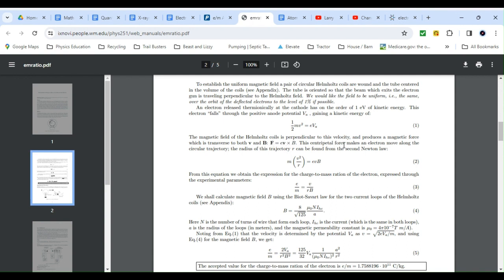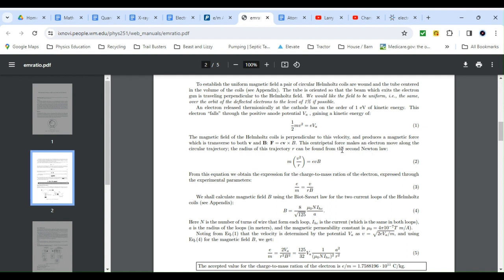This centripetal force is a force towards the center. Gravity that holds the moon is a centripetal force, and it makes an electron move along the circular trajectory. The radius of the trajectory r can be found from Newton's second law.